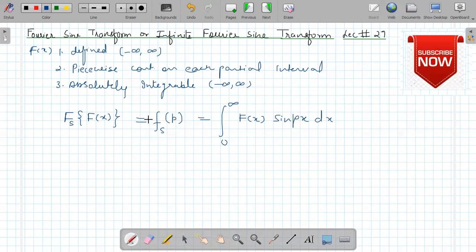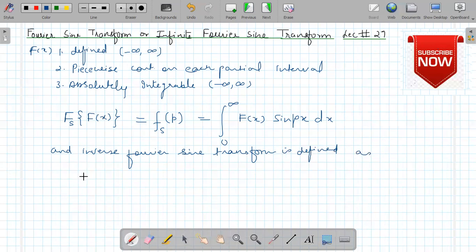And if we take the inverse Fourier sine transform of Fs(p), then it is defined as f(x) equals Fs inverse of Fs(p), and it is defined as 2 upon pi integral 0 to infinity Fs(p) sine px dp.